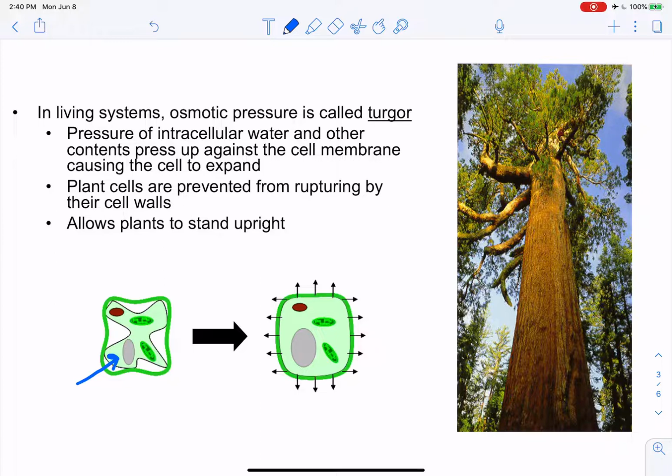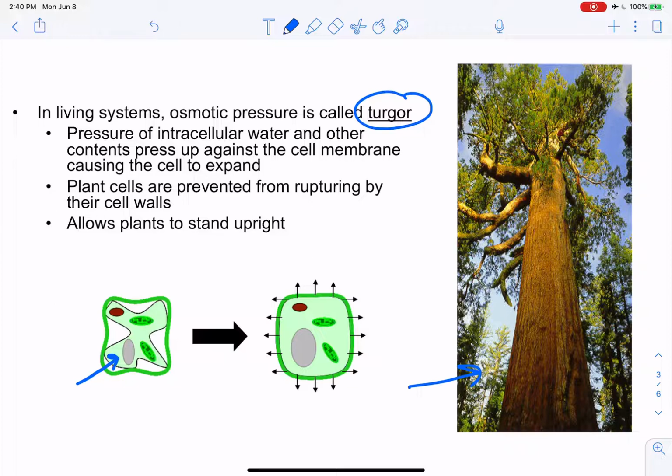And as you can see in the picture over here, we can get nice tall trees, and they don't have to have bones to keep them up because they take advantage of osmosis and the osmotic pressure that results from this. And again, we call this turgor.